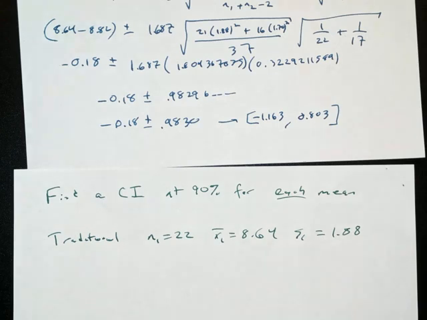How do I get the confidence interval for just that number?